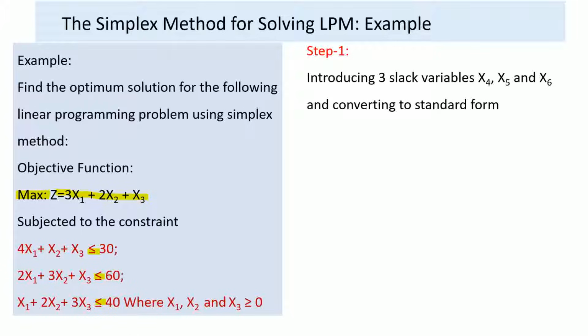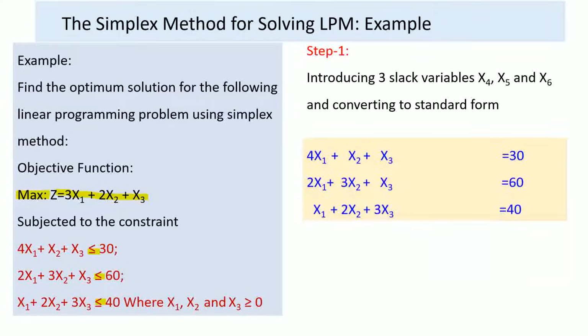So let's add x4 for the first constraint, that is x1 plus x2 plus x3 plus x4, and let's add x5 for the second constraint, that is 2x1 plus 3x2 plus x3 plus x5, and let's add the x6 slack variable to the third constraint, that is x1 plus 2x2 plus 3x3 plus x6.